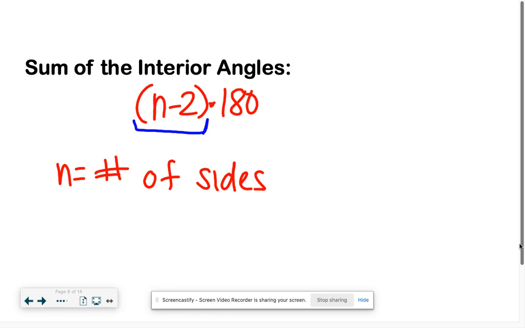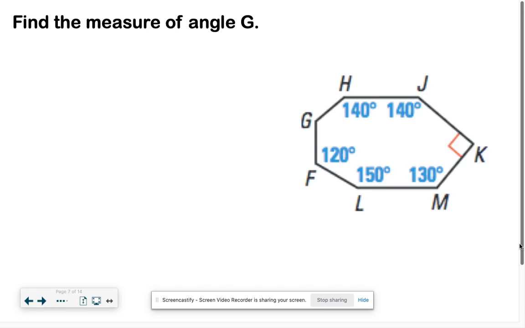Now we're just going to try a bunch of random problems with this idea. So the first one, it's kind of like finding the missing angle of a triangle, but this time we have a heptagon, because there's 1, 2, 3, 4, 5, 6, 7 sides. So first we have to figure out how many degrees are in a 7-sided figure, right?